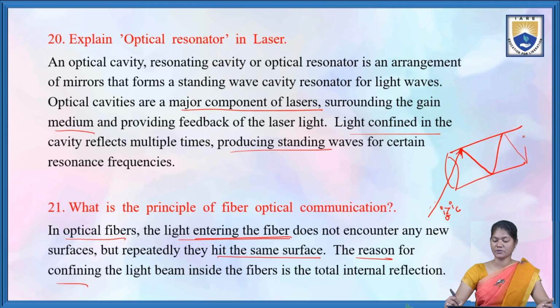Again it encounters theta_i greater than theta_c, so it is reflected back into the same medium. Like that, multiple reflection takes place, so that we get the light, the carrier wave, as the output.